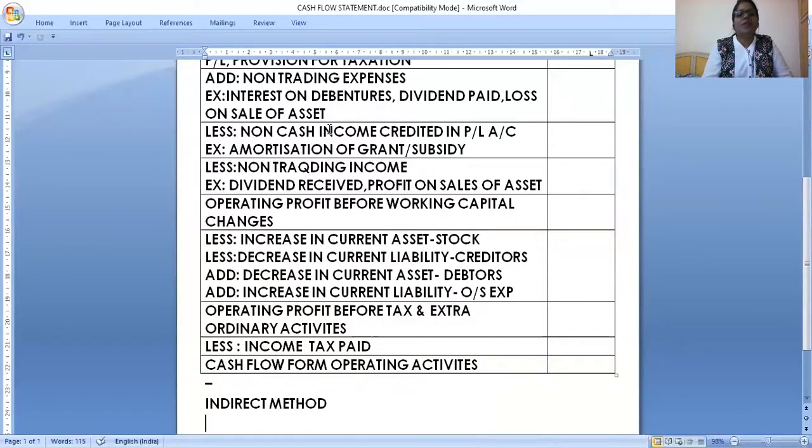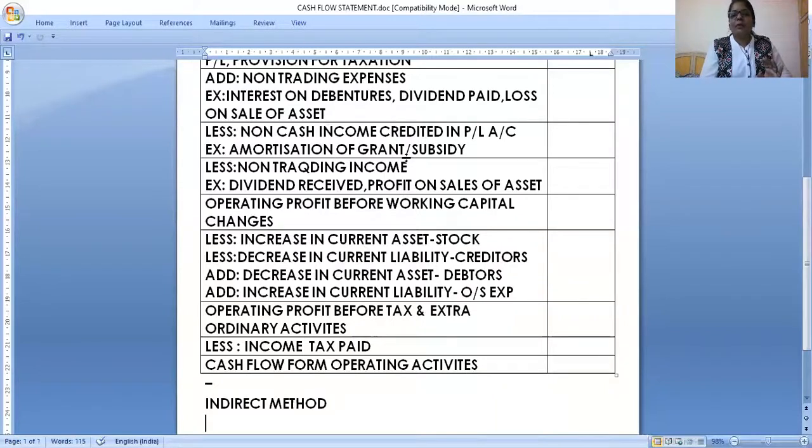I hope these 4 concepts are clear. Add back non-cash non-trading expense, deduct non-cash non-trading income. You get cash from operating activities before working capital changes. Do all this, you get operating profit before income tax and extraordinary item.